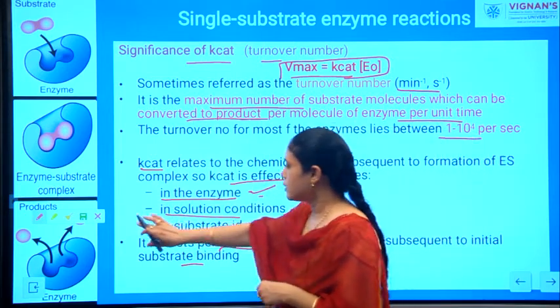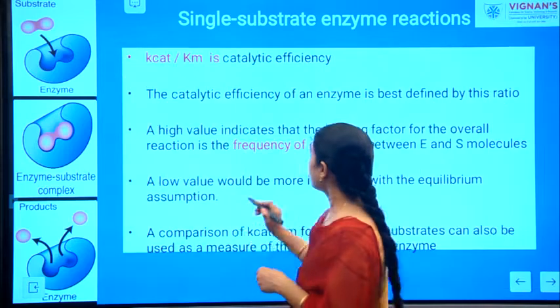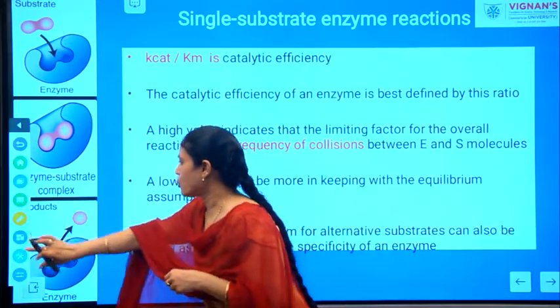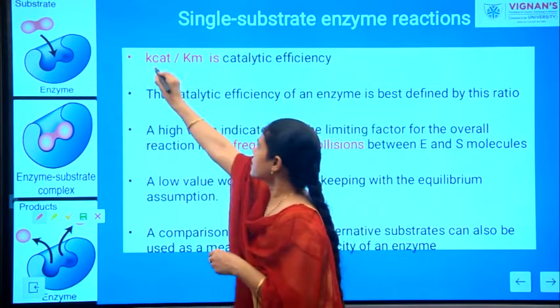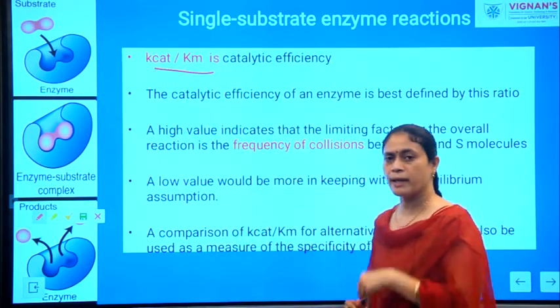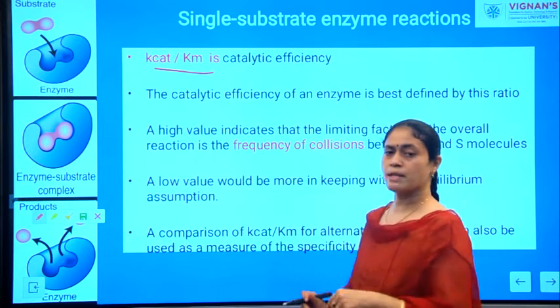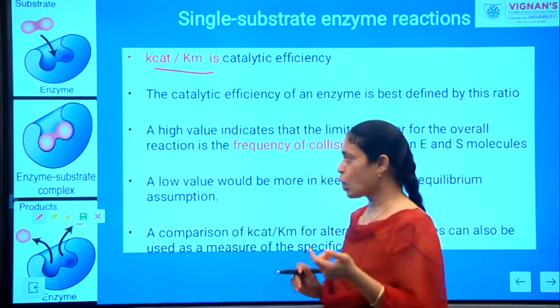Coming to the catalytic efficiency. Now we need to know what this catalytic efficiency is. We represent the catalytic efficiency as kcat divided by Km. We know pretty well that Km is the Michaelis-Menten constant.